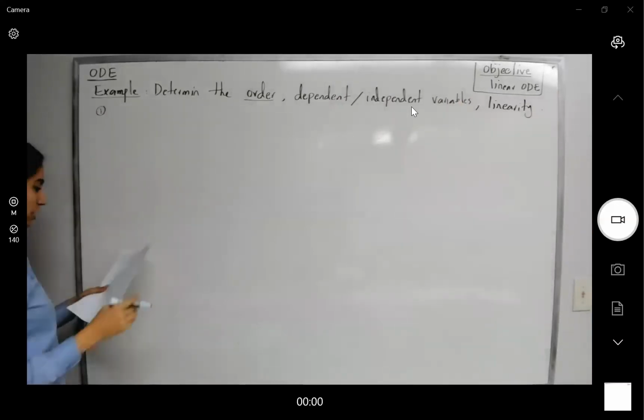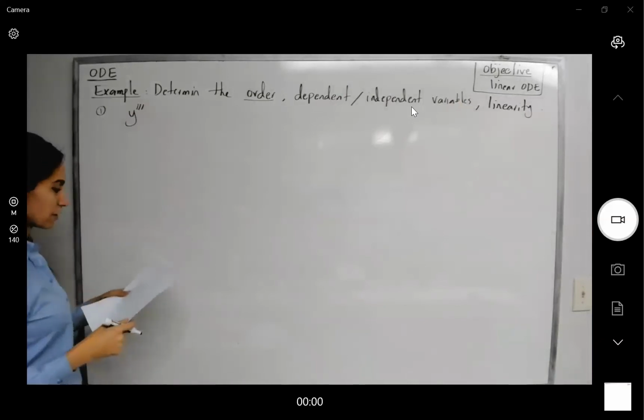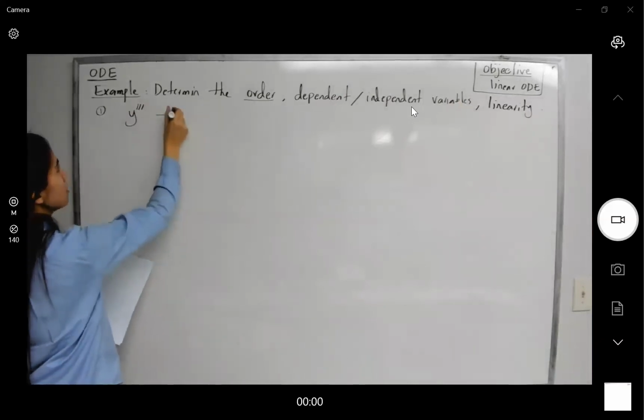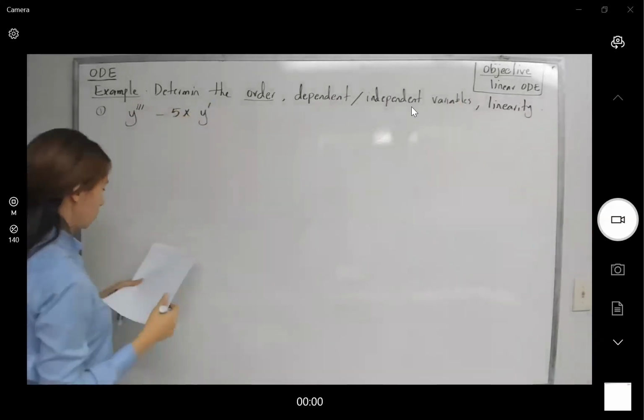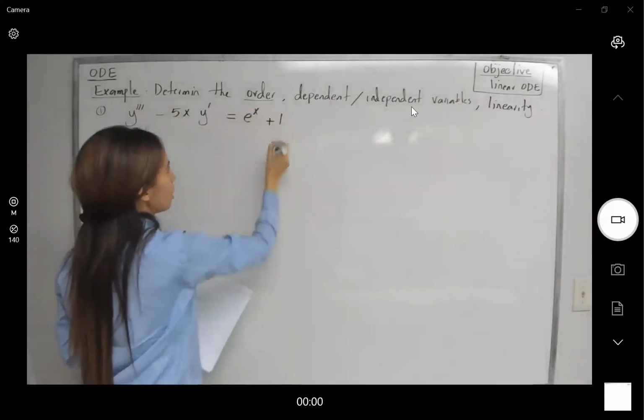The very first one: here we have the third derivative of y minus 5x times y prime equals e to the x plus 1.